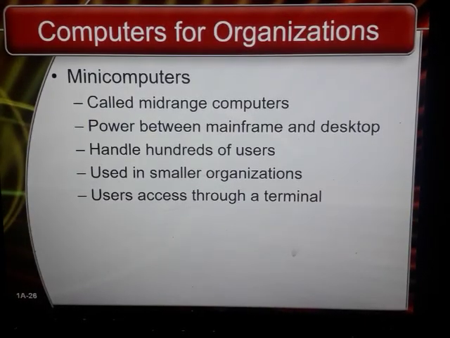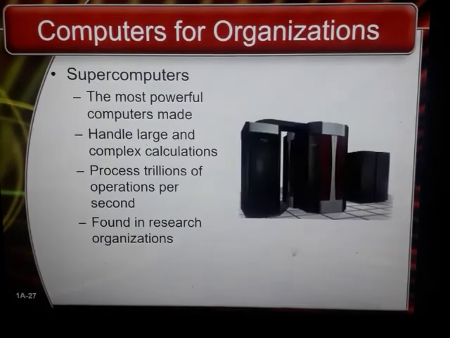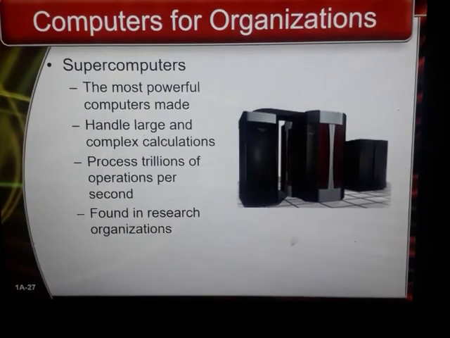And what are mini computers? These are called mid-range computers. These are powerful machines between a mainframe and a desktop, and these mini computers handle hundreds of users, are used in smaller organizations, and users access through a terminal. Now, supercomputers. These are the most powerful computers made.